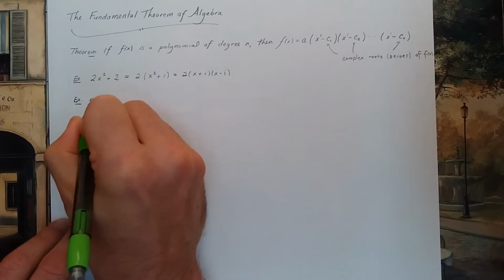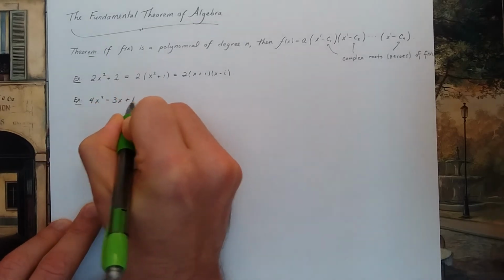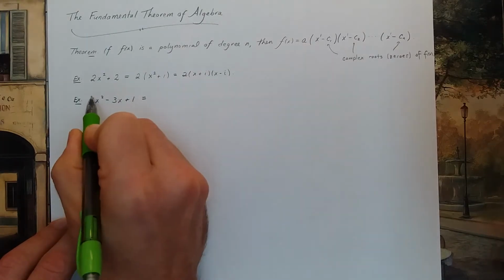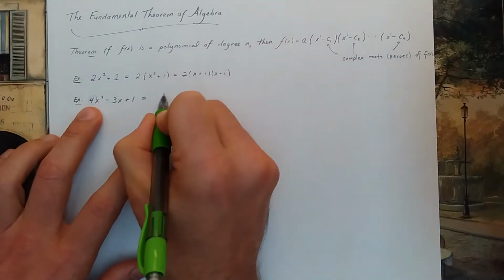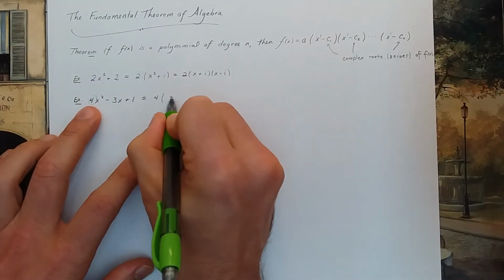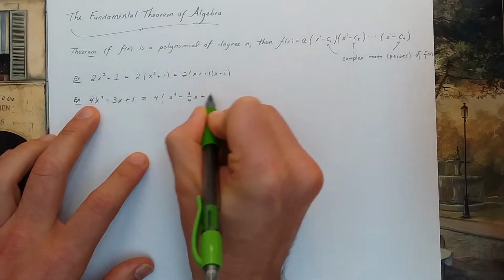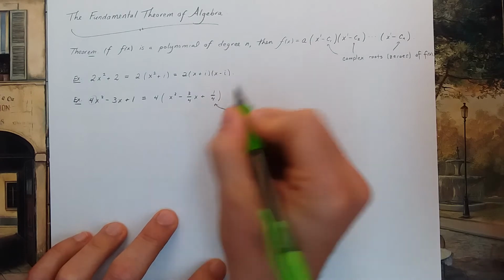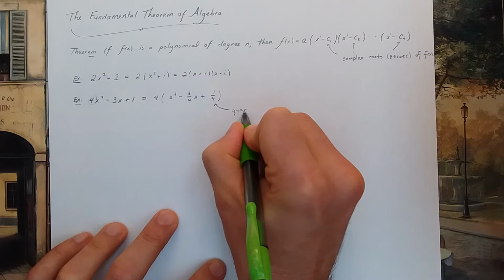What if I had 4x squared minus 3x plus 1? Well, the first thing I can do is factor out the constant that's in front of the highest degree term. So I can factor out a 4 and have x squared minus 3/4 x plus 1/4. And at this point, I can now use the quadratic formula if I choose.